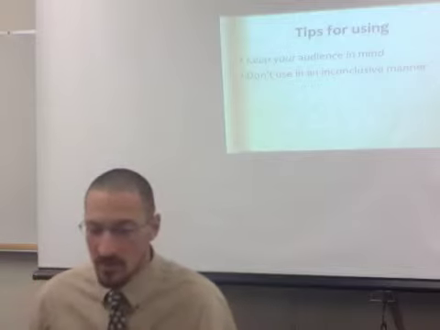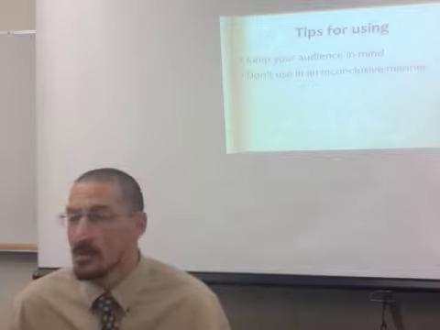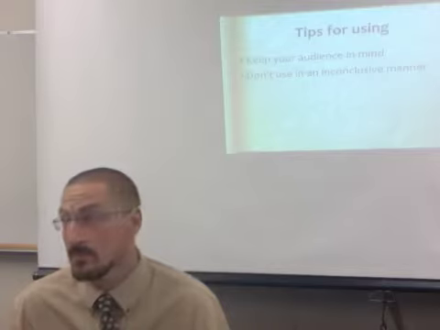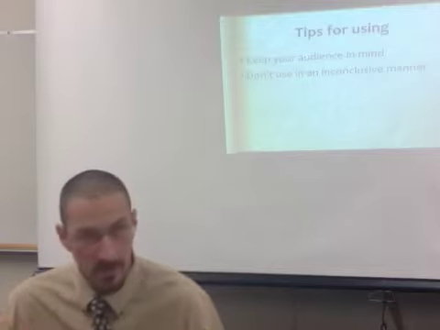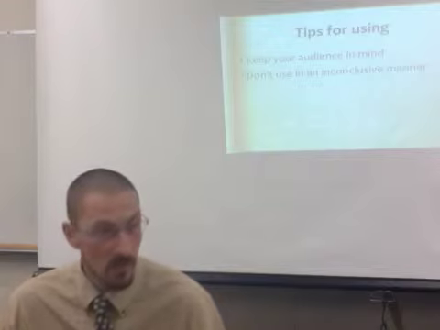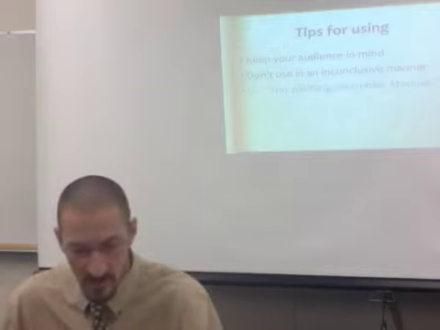So what I mean by don't use it in an inconclusive manner is that if you use an allusion that is sort of well known, but you don't understand what it's referring to, it doesn't make sense. Here's an example.